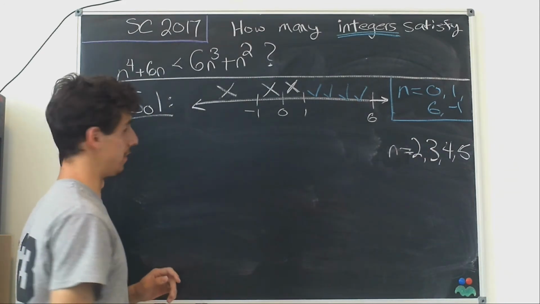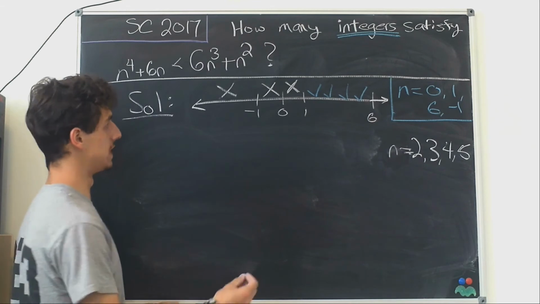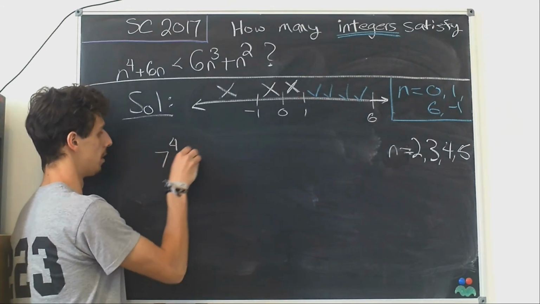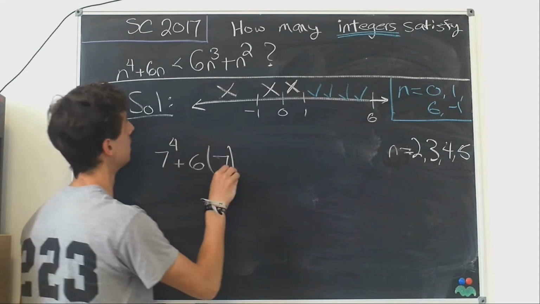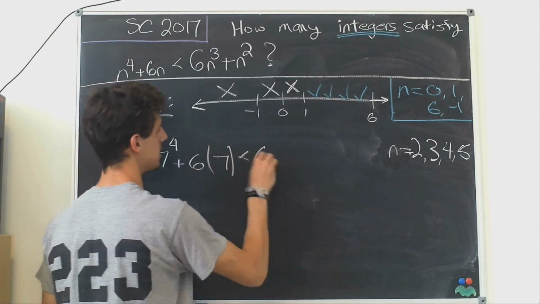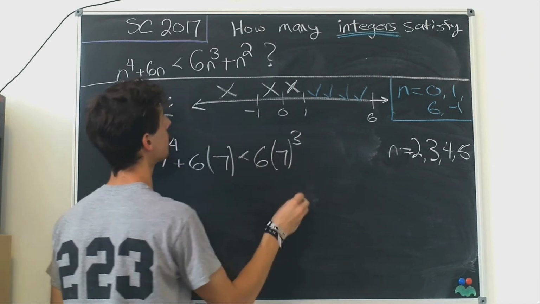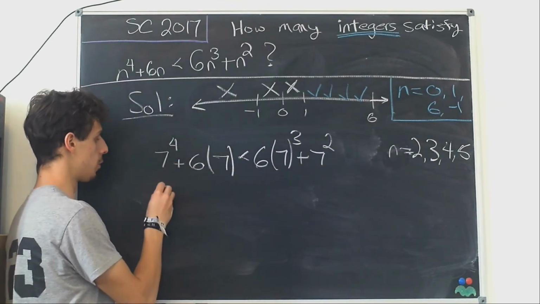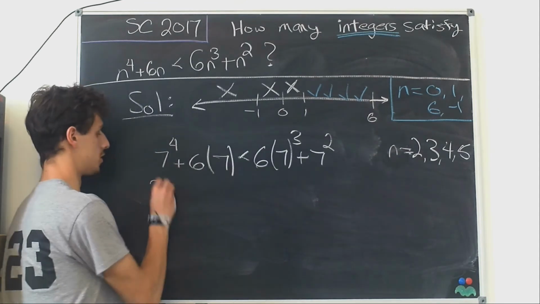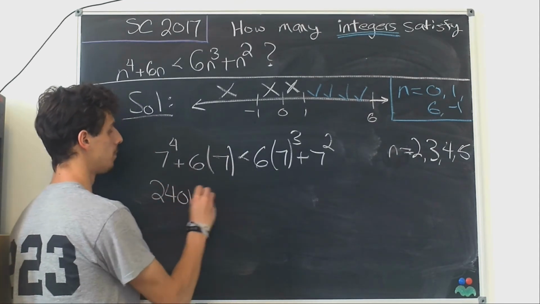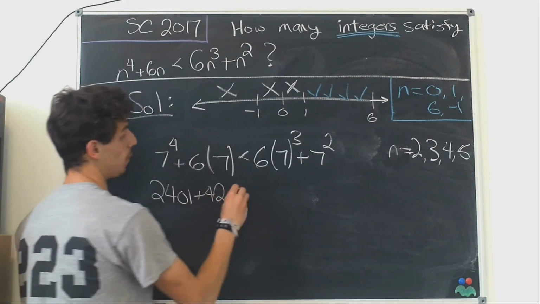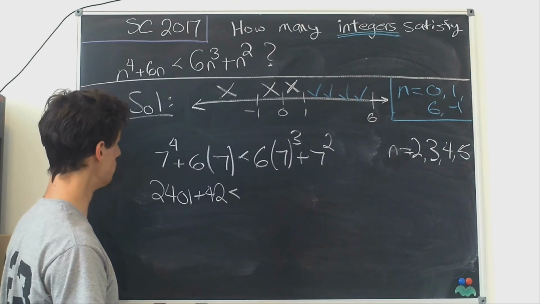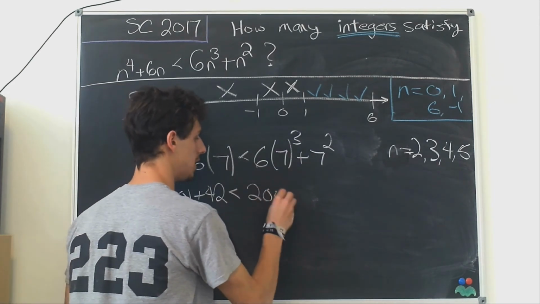So let's check 7, because 7 is the next largest integer after 6. So we'll have 7 to the 4th plus 6 times 7 is less than 6 times 7 to the 3rd plus 7 squared. 7 to the 4th is equal to 2,401. 6 times 7 is 42. 6 times 7 cubed is 2058.